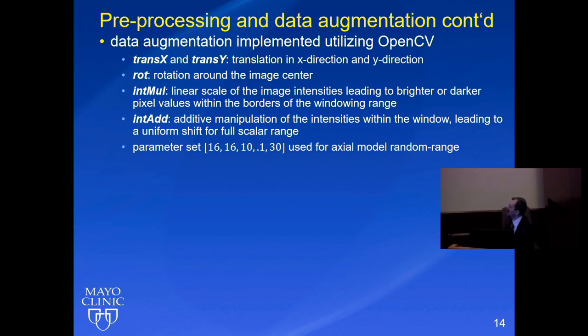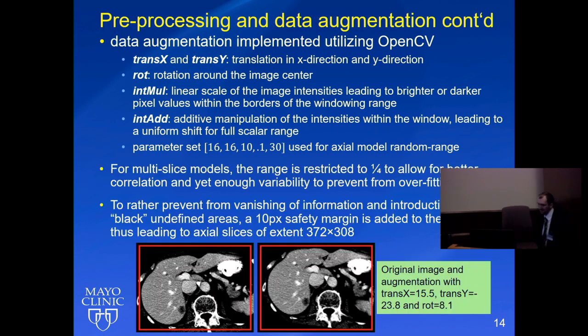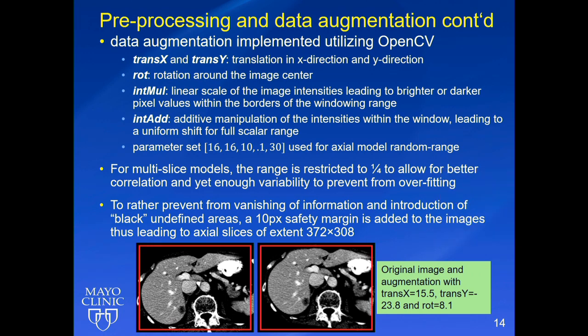So we have there some static parameter set that defines the limits of the random data augmentation. And with that, it's another wise decision to incorporate some additional boundary, here marked in red, to not have the risk that your target structure is getting out of the visible area due to the randomness of this data augmentation.